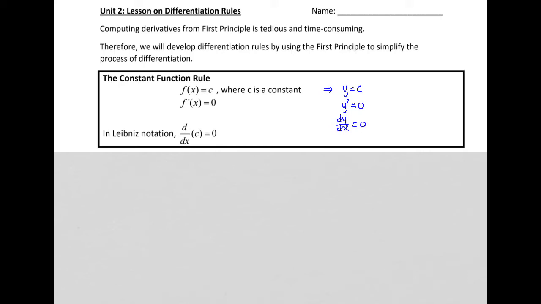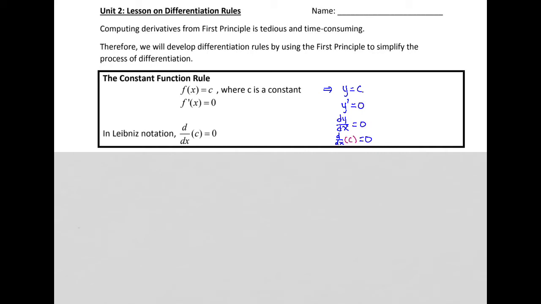That's why we say dy over dx. But since y is c, we can write d over dx and differentiate the function, we say c equals 0. So we say this is the Leibniz notation.